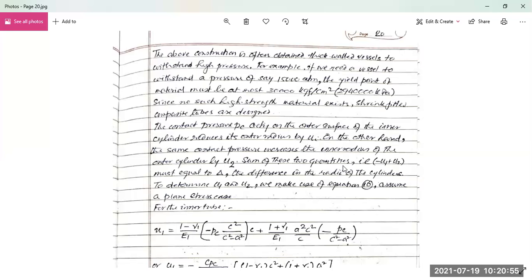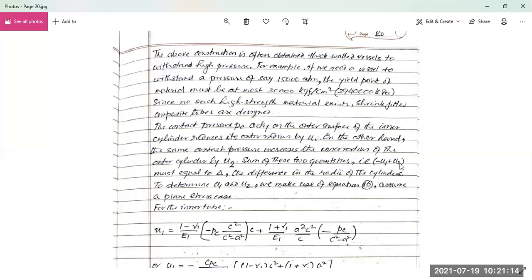The sum of these two quantities is minus U1 plus U2, because the deflection of the outer radius of the inner cylinder is reduced, so it is minus, and the deflection of the outer cylinder is increased, so it is plus.